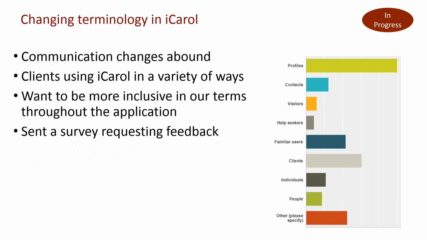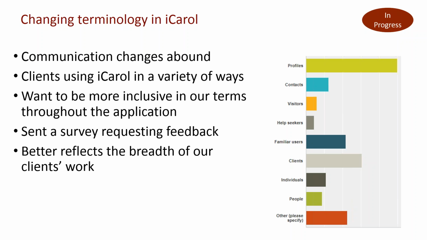So overall, we just want to make sure that we are better reflecting in our system the breadth and the range of the work that you are doing, that you guys have grown and are adding on new services, and we just want to make sure that that's reflected.